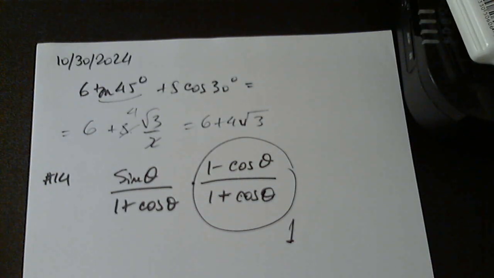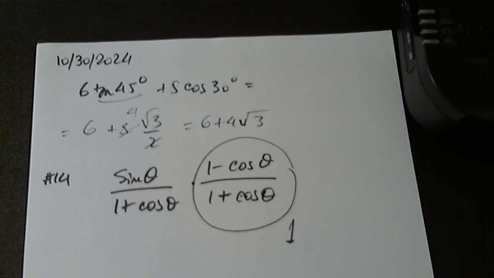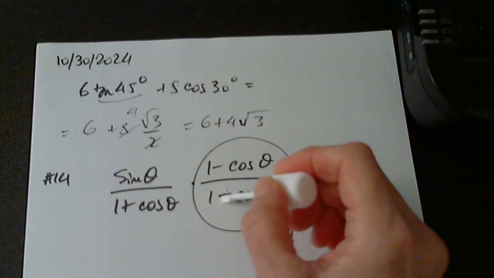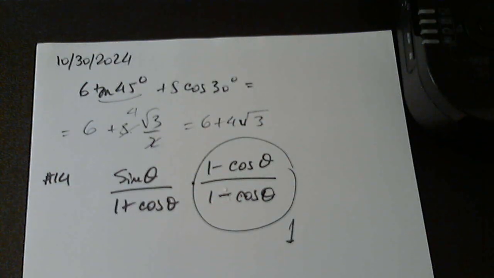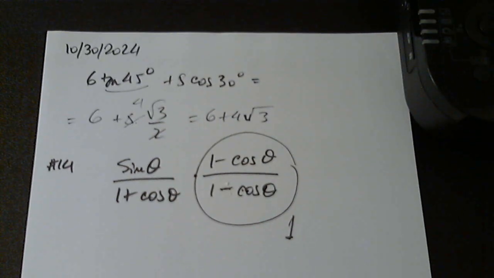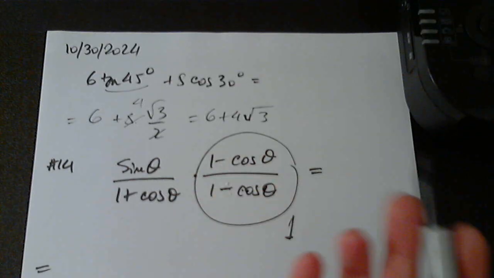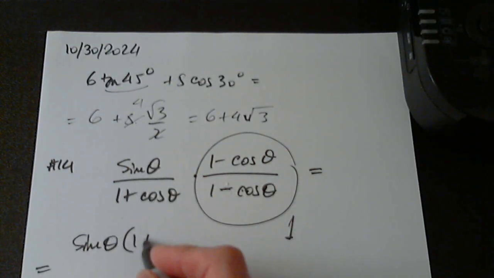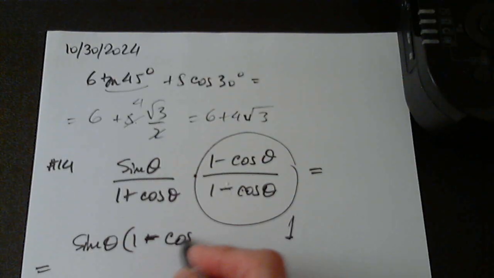Multiplying a fraction by 1 will never make a difference. As long as we multiply top and bottom by the same quantity, there is no change. So when we do that, we just multiply 2 fractions. We write sine theta multiplied by 1 minus cosine theta.